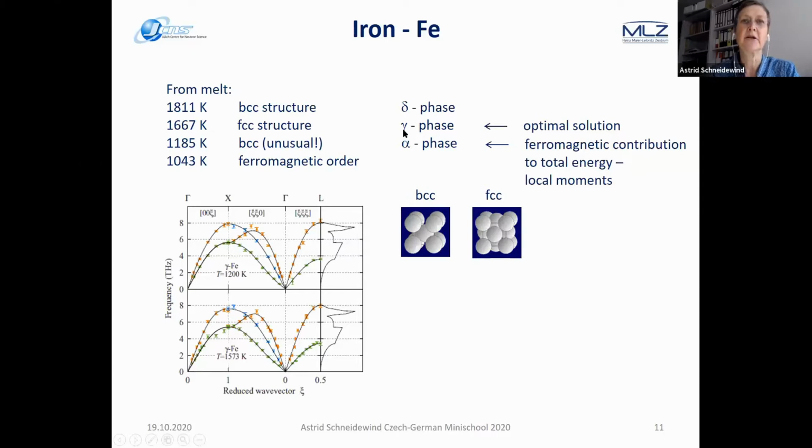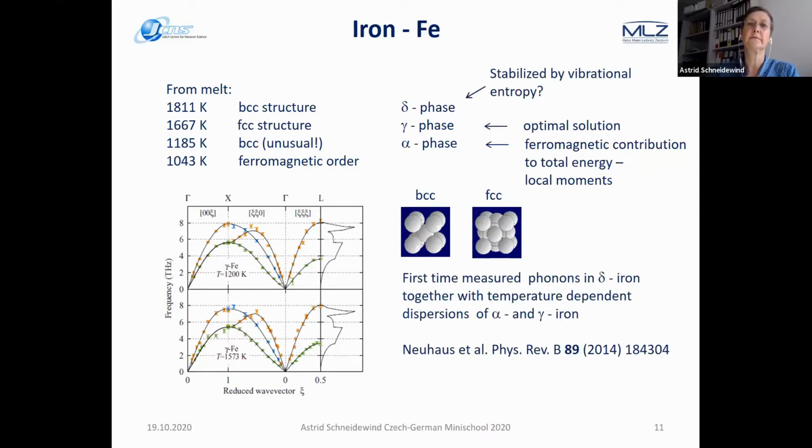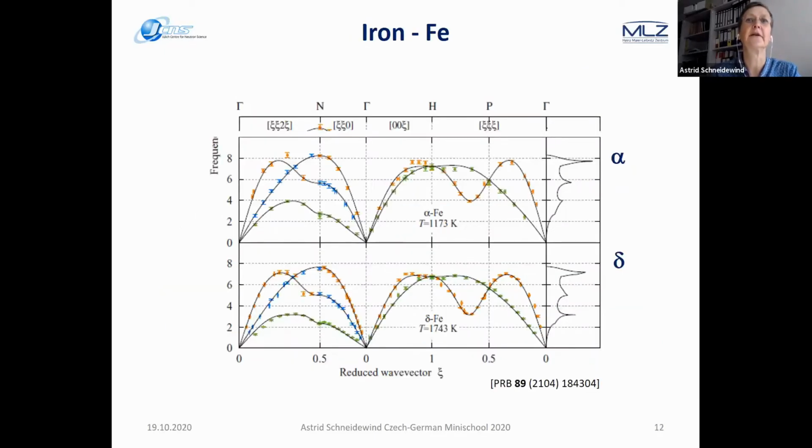And some measurements were performed before 2014 by a group at MLZ. It was the first time that at these high temperatures, the phonons in the delta phase have been measured, and they have been compared with the other phases to find out what is the origin of this unconventional phase.